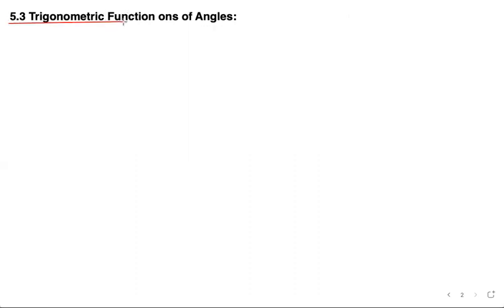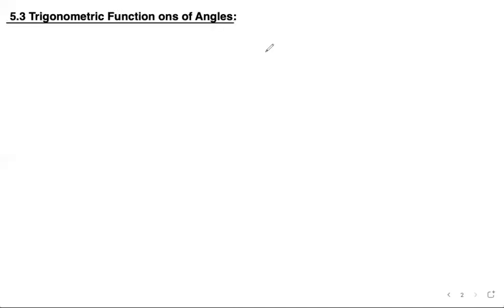For 5.2, we talked about the ratios for acute angles only. An acute angle is an angle between 0 and pi over 2. But in this section, we're going to find the ratios for any angle from 0 to 360.